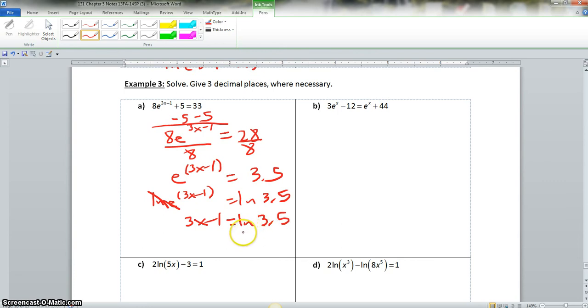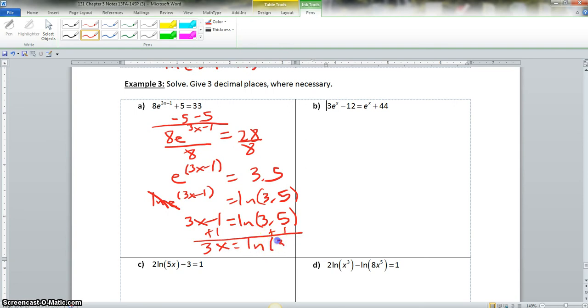Now, we will add 1 to both sides. One other thing, we need to put this 3.5 in parentheses. But again, we will add 1 on both sides. And we have 3x is equal to the natural log of 3.5, and then plus 1.